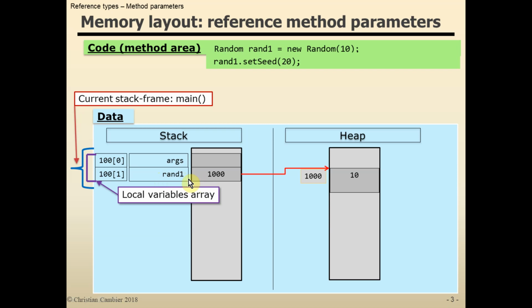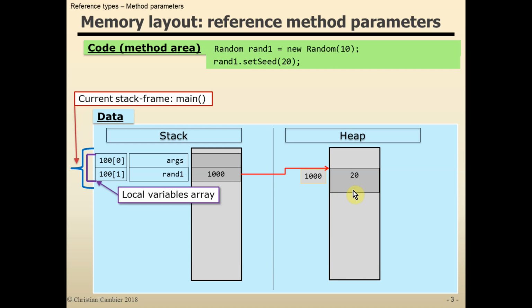Next, the dot means that we are dereferencing the value that rand1 holds or refers to, 1000. In other words, we'll use the object which is located at address 1000. And it is on that object that the method setSeed is executed with a value of 20.